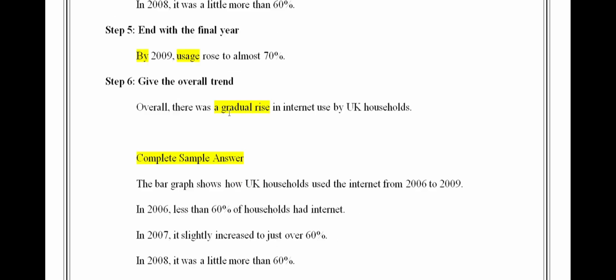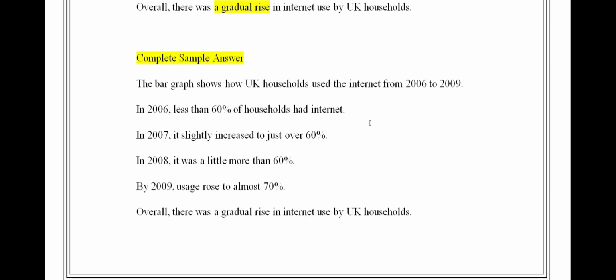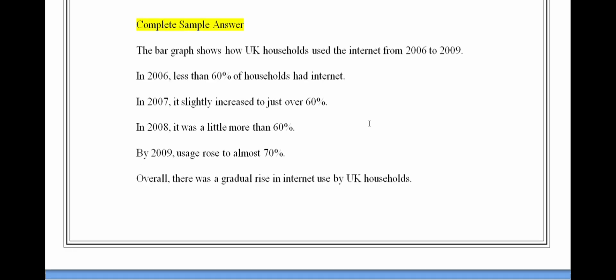A gradual rise is the phrase. In internet use, see the usage has come down to use now. By whom? UK households. This is the way we have taken the points, we have followed the steps, we have fulfilled the language parameter also, and it is that simple.